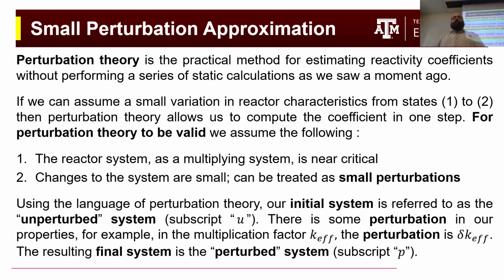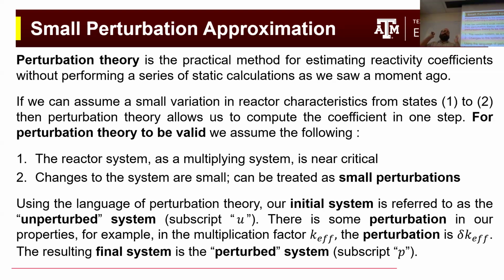With perturbation theory, for this mathematical theory to be valid, we have to assume that the reactor is initially near critical and that any changes to our system are small and can be treated as a small perturbation. The language is similar to what we're familiar with, except the initial system before you made any change is called the unperturbed system.